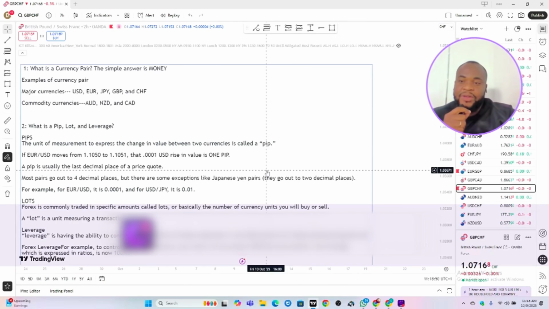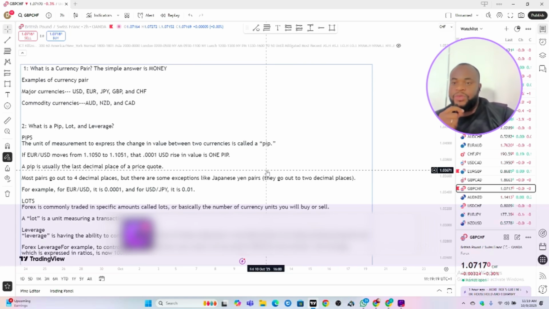Currency pairs in Forex trading is not like exchanging physical cash. Let me give you an example. It's more like you are buying shares. When you are buying currency in Forex trading, you buy it and you sell it when you are making profit, just to gain more profit.